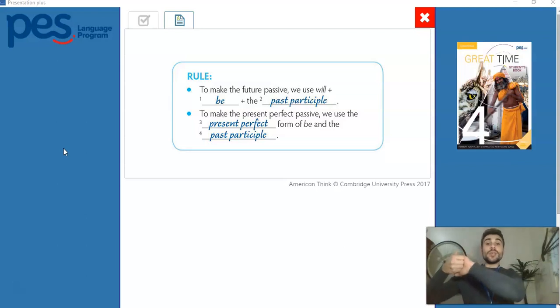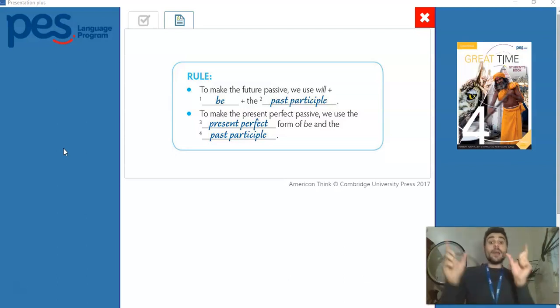So I need to keep the rules of the future. For example, with will, I need to continue using will, but I need to use the structure for the passive, which is the verb to be and the past participle. The same thing with the present perfect. I need to continue using the present perfect, so I have, and now comes the part of the passive.